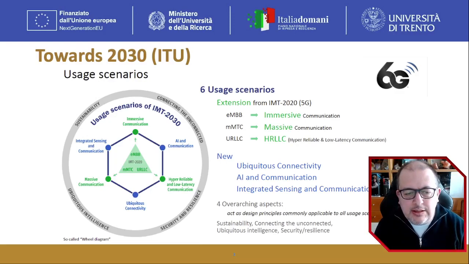This will lead to a technology that will not only be able to connect the unconnected, but also to be secure and reliable, to bring ubiquitous intelligence in networking, and also be sustainable.